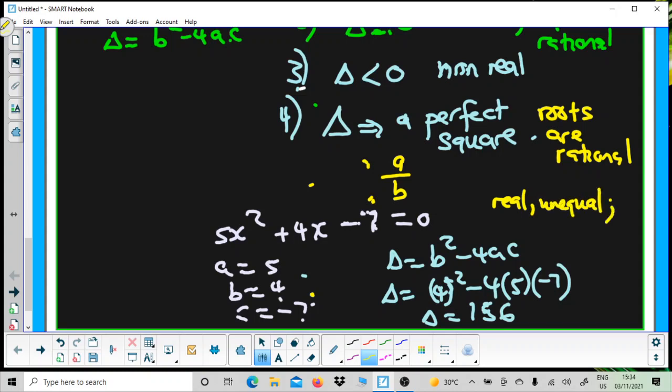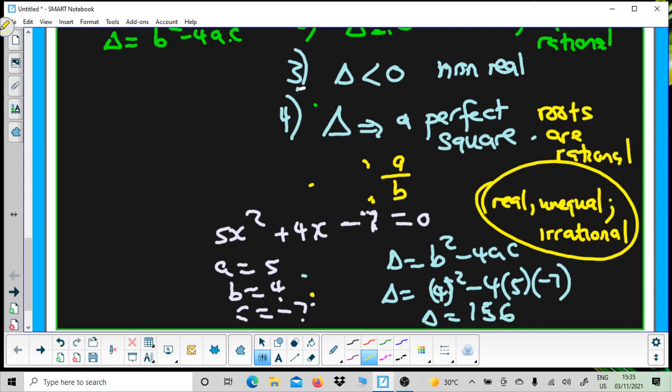Is 156 a perfect square? If it was 144, we were going to say yes. But now 156 is not a perfect square. The next perfect square should be 169. So in this situation, the roots are irrational. That's what we mean. So you would have described the nature of roots by doing this. By looking at an equation and without solving, you can actually describe the nature of roots.